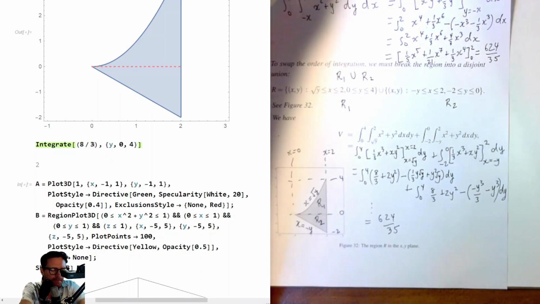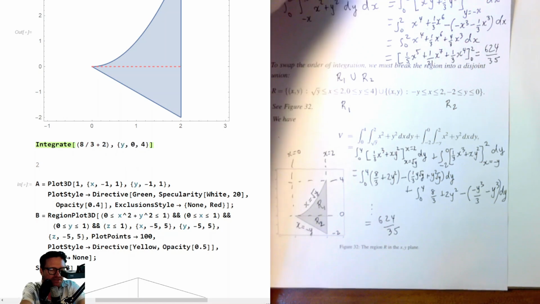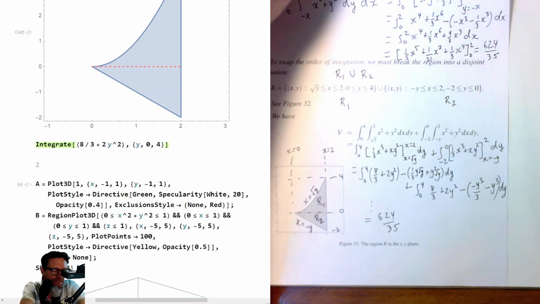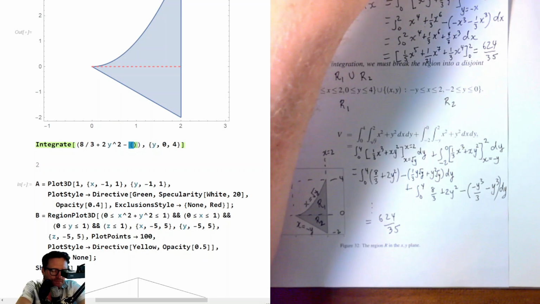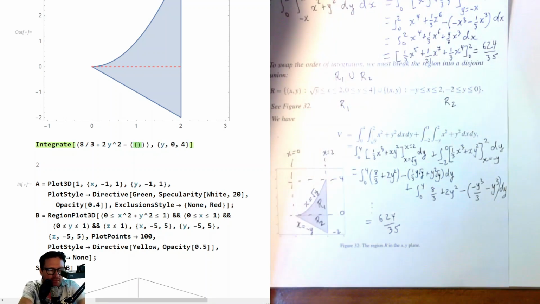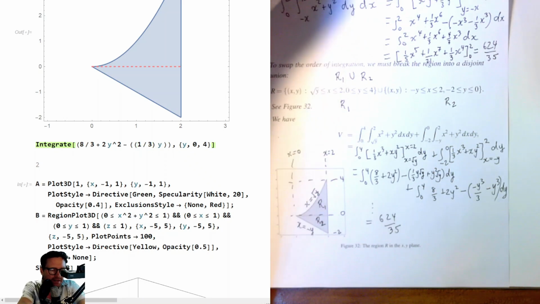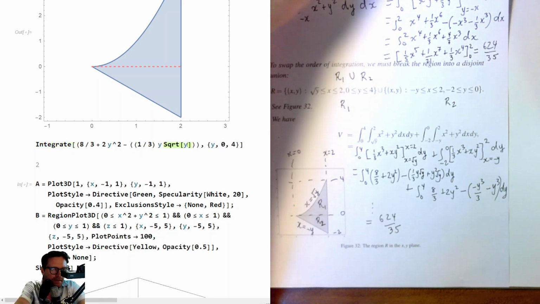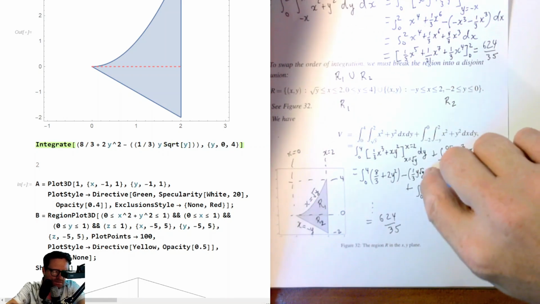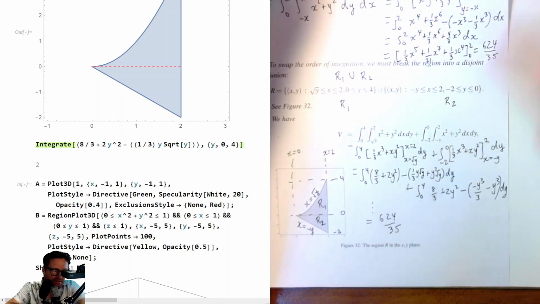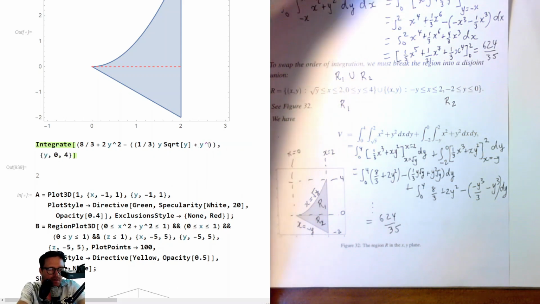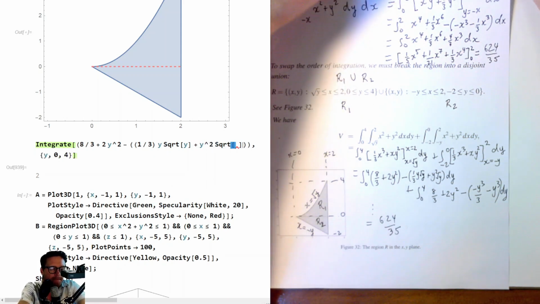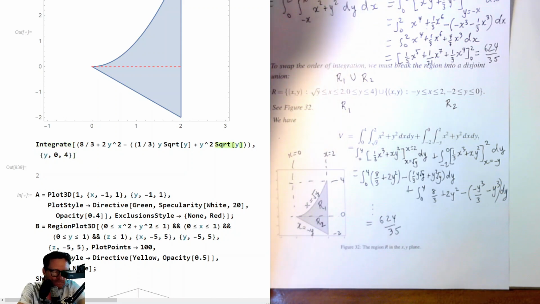So 8 over 3, then we have plus 2y squared. I'm subtracting 1/3 y root y. So there. Okay, then I have plus y squared root y.